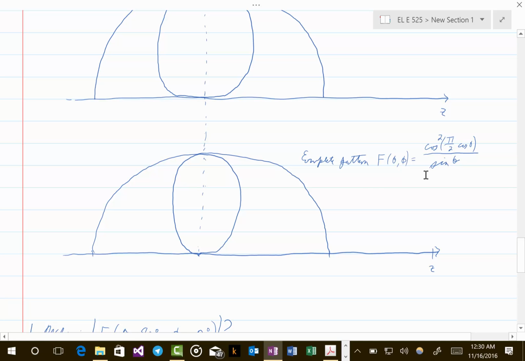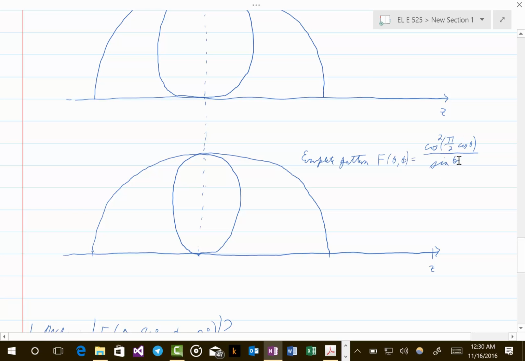And you could verify, at 0 or 180, let's see how this would go. At 0 and 180, at those two angles, we would need to use L'Hopital's rule. But if we did, we would see that this is equal to 0 at either of those angles. And then at pi over 2, cosine of pi over 2 is 0, and so we'd have cosine squared of 0, which is 1, in the top.